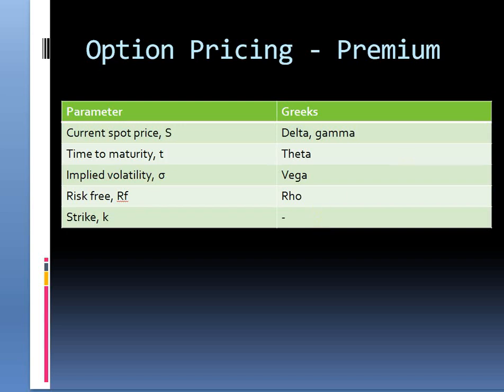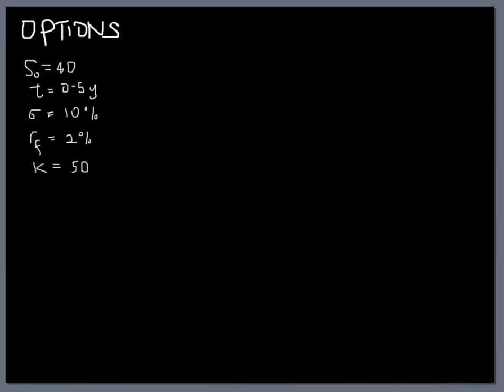Okay, I've mentioned all these things. I think it's best to talk about the whole concept of options using an example. Let's pretend that this is an equity option. Strike price 50, current price 40, 6 months to maturity.